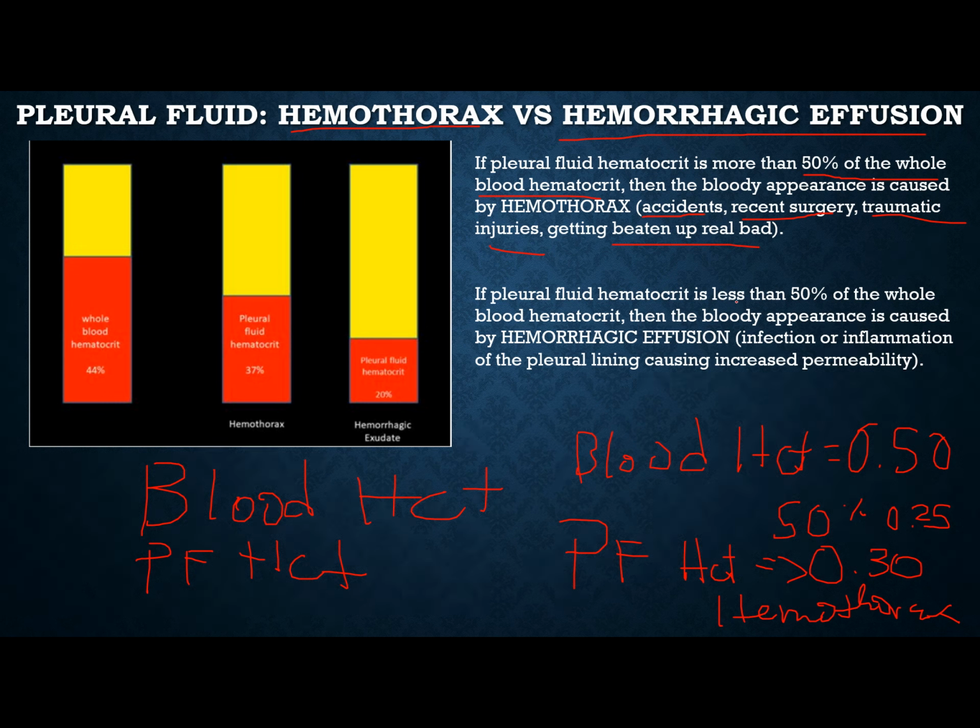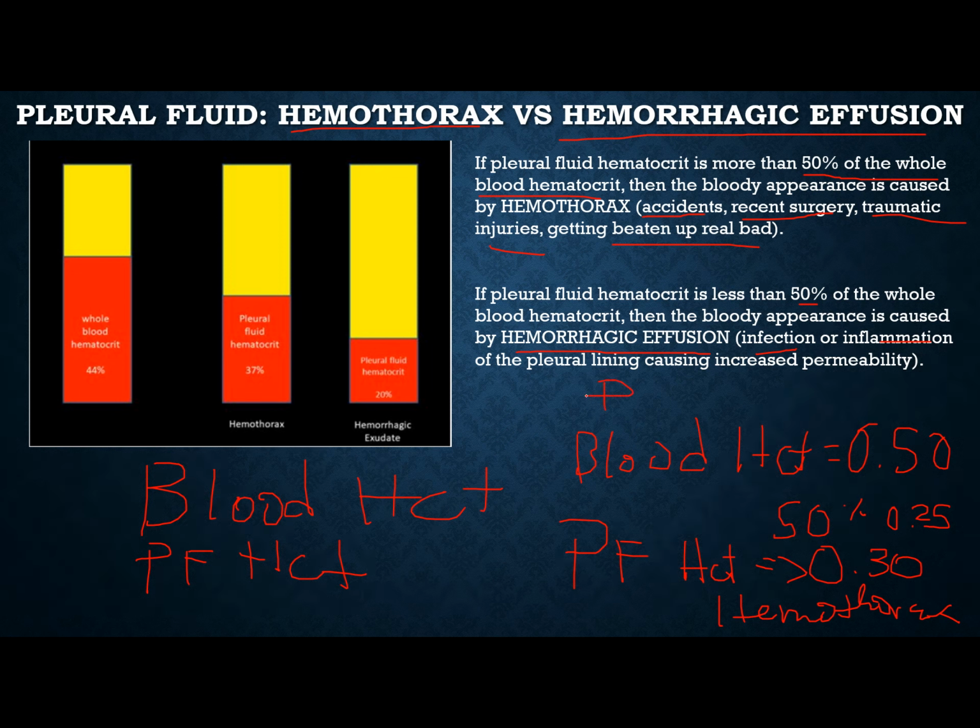Now, hemothorax could be caused by an accident, a recent surgery, or traumatic injury. Now, if your pleural fluid naman class is less than 50% of the whole blood hematocrit, then the bloody appearance is caused by hemorrhagic effusion, seen in infection or inflammation of the pleural lining caused by increased permeability. So let's say class again, the blood hematocrit of the patient is 0.50. So you get the 50% of 0.50, it's 0.25.